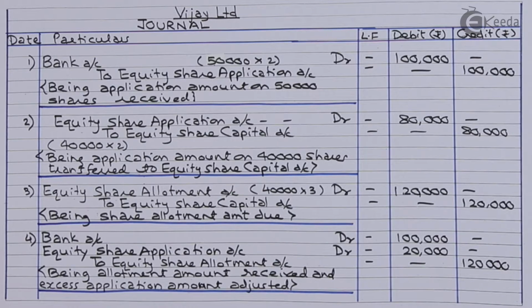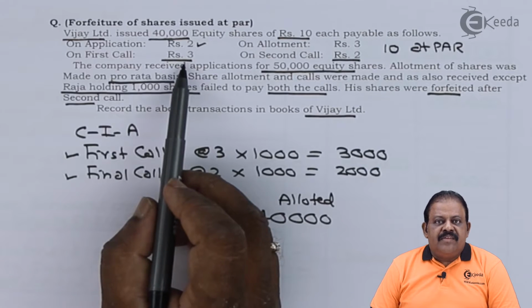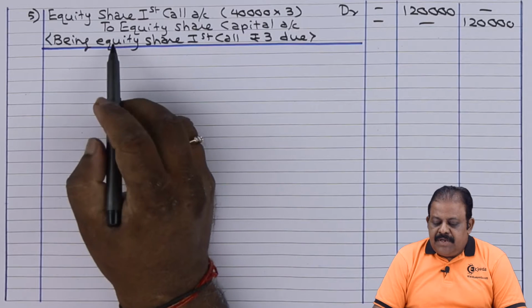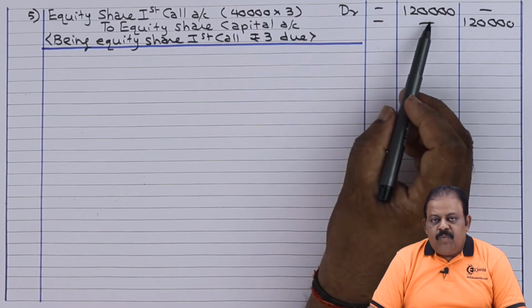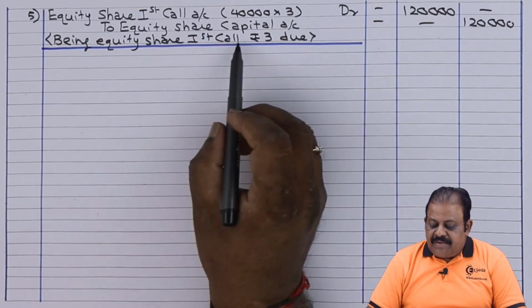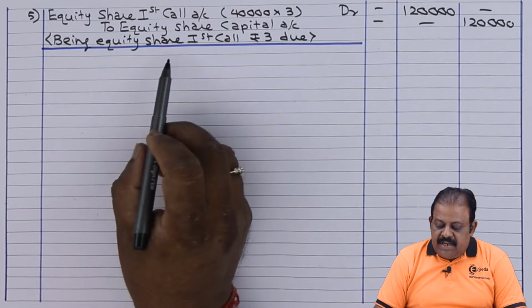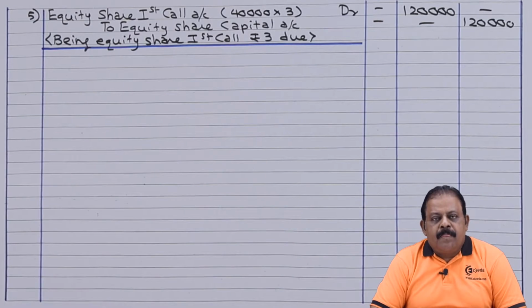The next stage is the first call stage. First call amount is rupees 3. The company will be sending call letters to all shareholders, and accordingly the company will record the entry for first call due. Equity share first call account debit 1,20,000 to equity share capital account 1,20,000, being equity share first call rupees 3 due.